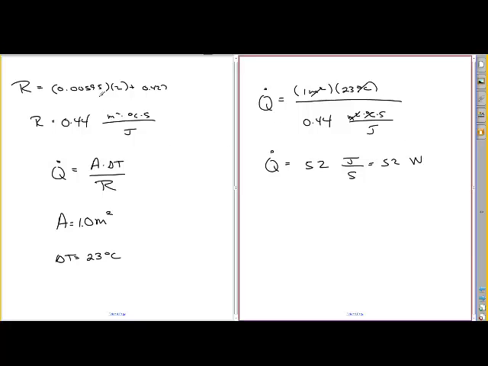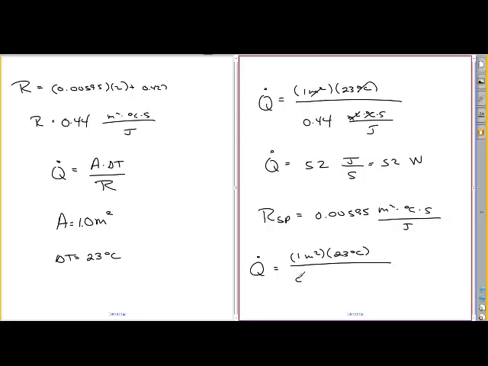Now, if we only had a single pane, we just have the R value. We'll call it R single pane would be 0.00595 meters squared degree C second per joule. And so if we plug into here, we'll have 1 meter squared times 23 degrees C divided by 0.00595 meters squared degrees C second per joule.